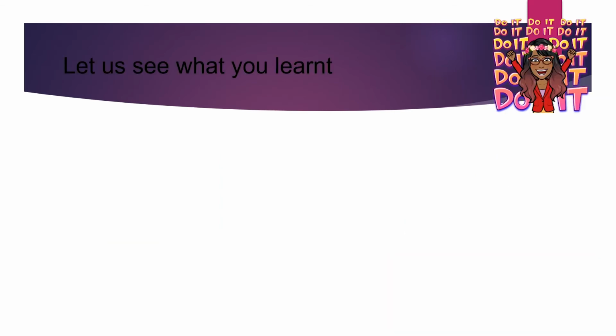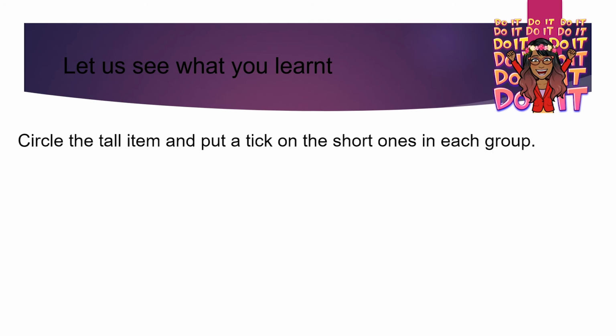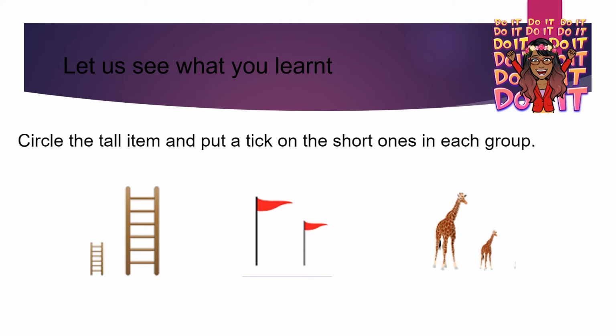Well, let us now see what you learned today. Circle the tall item and put a tick on the short ones in each set. In the first set, item B is tall, item A is short.